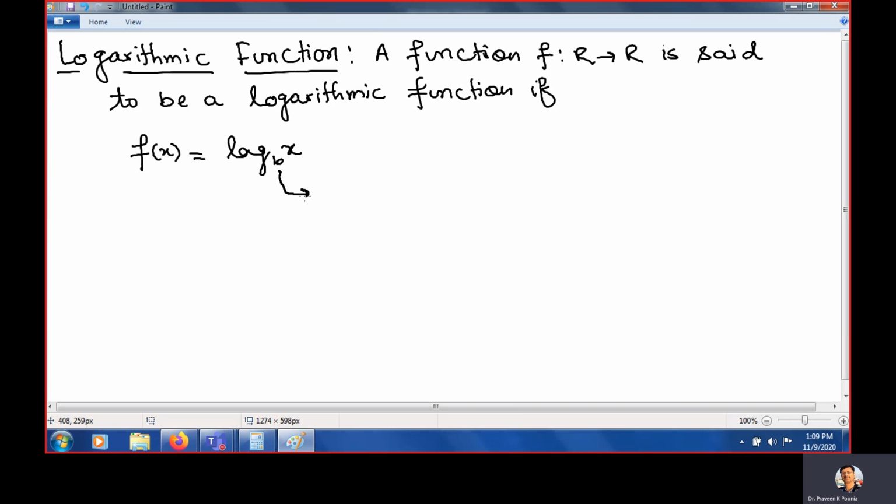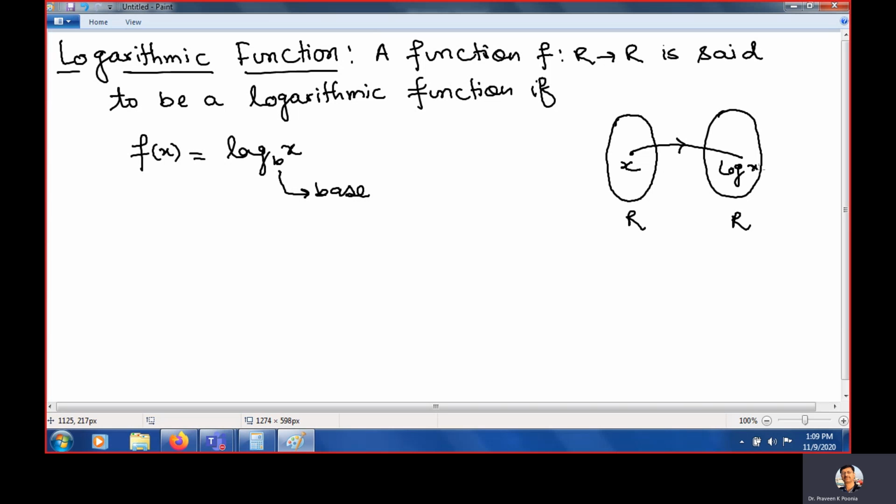This b is named as base. So if the domain is R and the codomain is R, clear? Then how is it defined? It is defined by: if here is x, then here is log x base b. This is through f. Clear? What is the domain and what is the codomain, that we will study later.